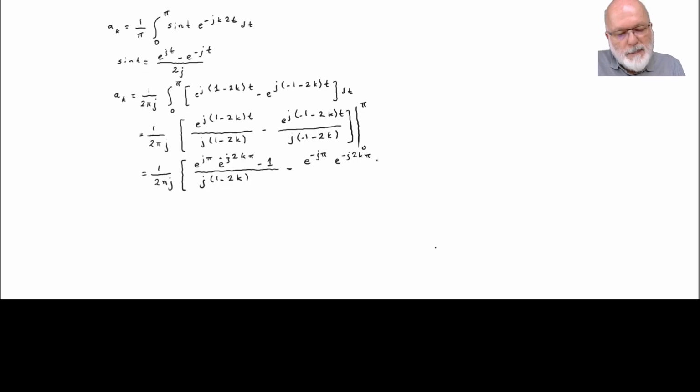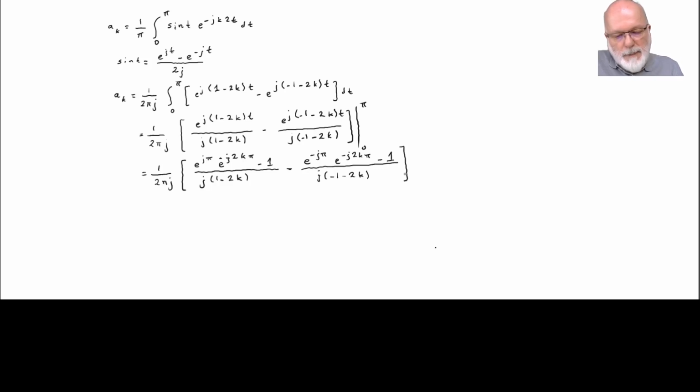And again, when we evaluate the complex exponential at t equal to 0, we have 1. So we subtract 1 divided by j (minus 1 minus 2k).